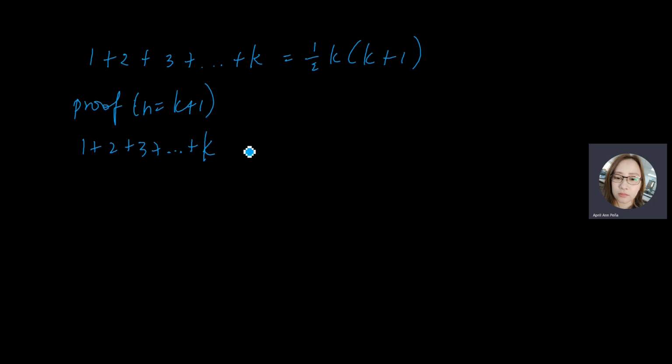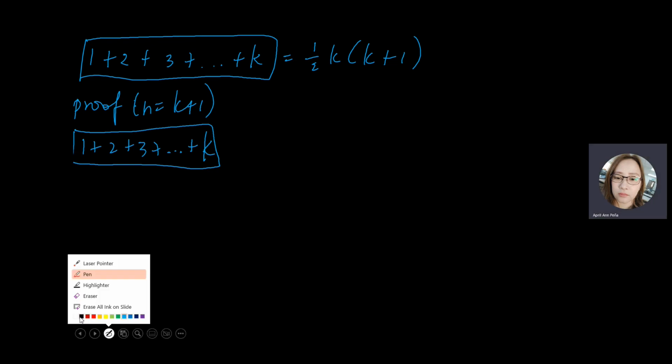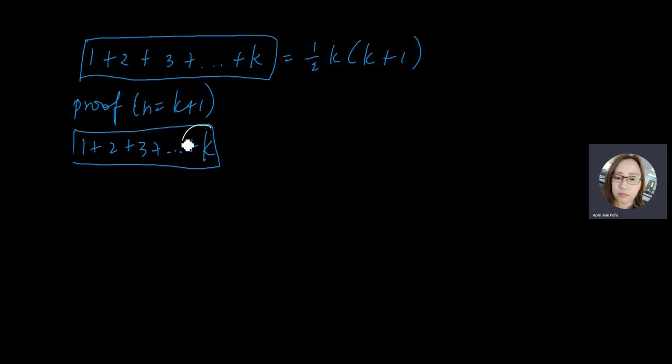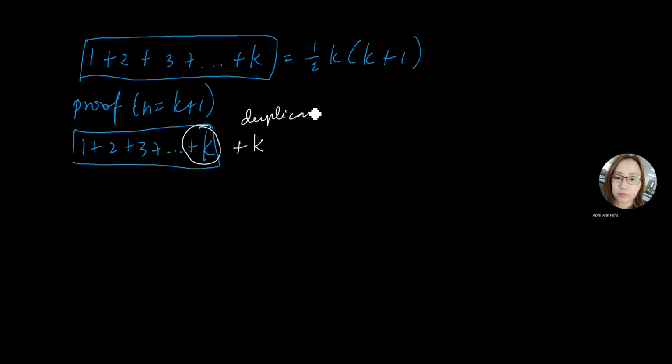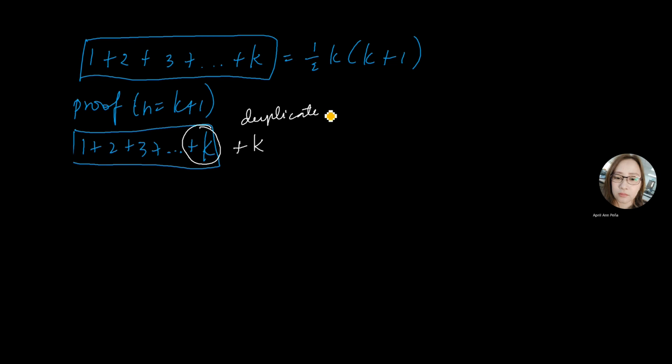I'm just rewriting it. So this is the left side. I copied it and then duplicating. So duplicating this portion, we do have the plus k. So duplicate. After you duplicate, you put plus 1 on the k.